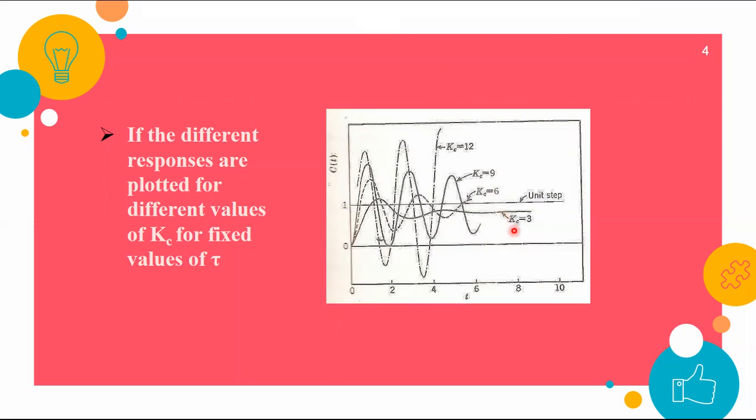So with a small value for k sub c, you have an offset: the degree to which your new steady state value has deviated from the original steady state value. Whereas for the rest, even though there's much oscillation, they will be rested on the original steady state value.